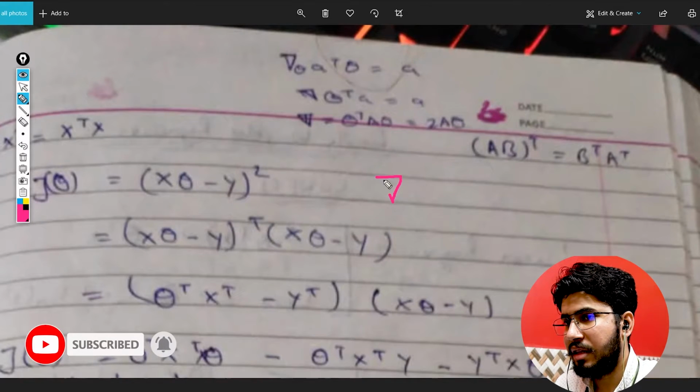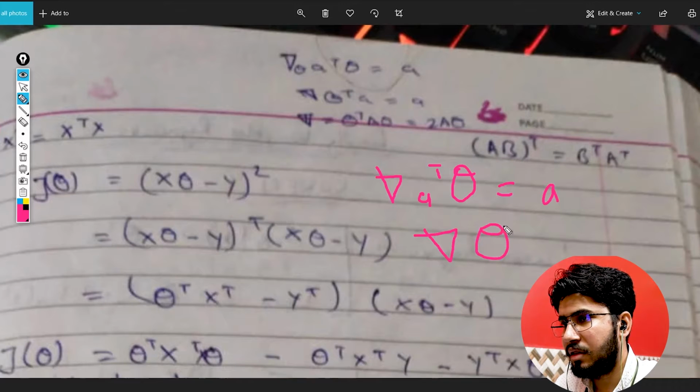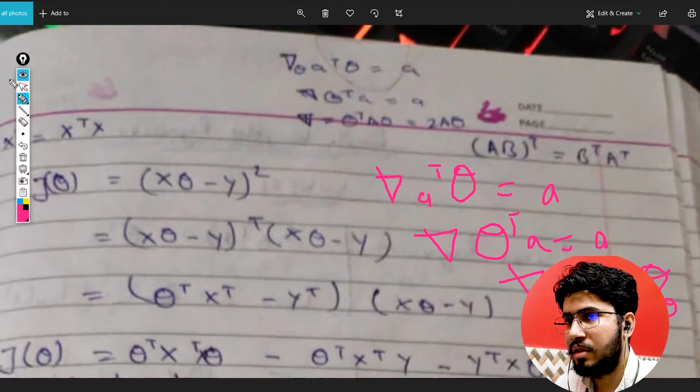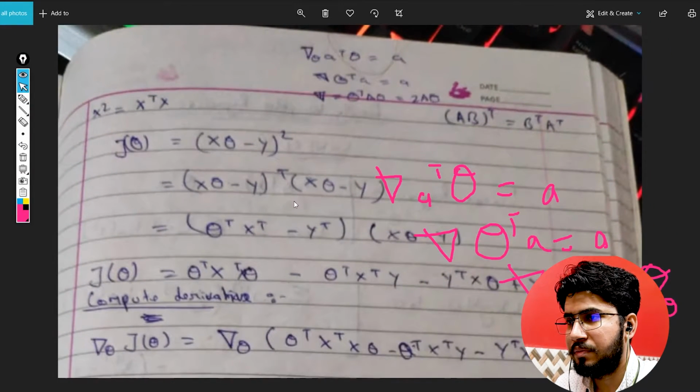If you are finding the derivative of A transpose theta, then it is going to be A. If you are finding the derivative of theta transpose A, then it is going to be A. And if you are finding the derivative of theta transpose A theta, then it is going to be 2A theta.